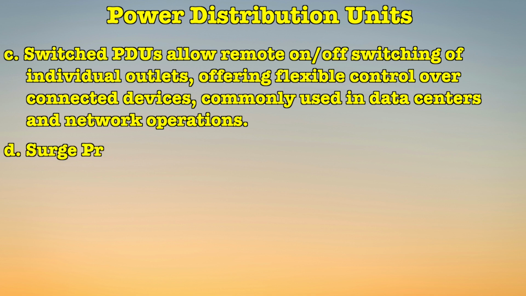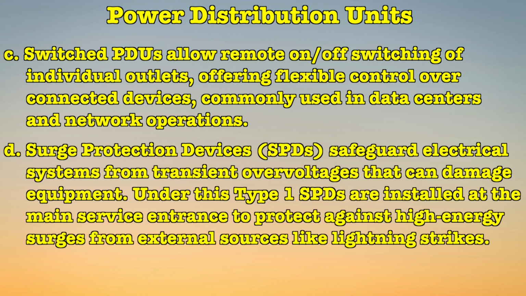Next one is surge protection devices, that is SPDs, safeguarding electrical systems from transient overvoltages that can damage equipment. Under this, type 1 SPDs are installed at the main service entrance to protect against high energy surges from external sources like lightning strikes.